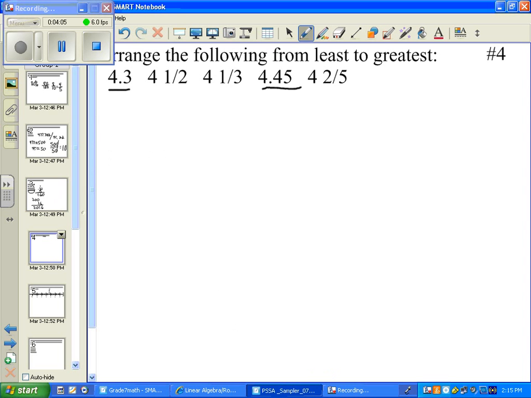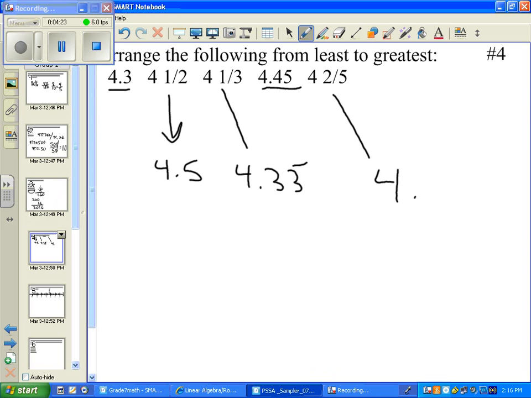It'd probably be easier, cleaner if we put these all into decimal form. So we'll make this 4.5 a decimal, and we'll make this into a decimal. And we'll make this 4 1/4 into a decimal.